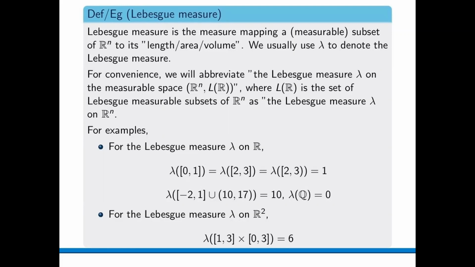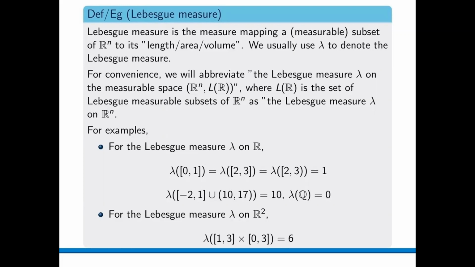Another example is the Lebesgue measure on R2. So the Lebesgue measure of this part is 3 times... oh wait, here's a typo. Should be 3 plus 7, right? 3 plus 7 should be 10. The total length is 10. And the Lebesgue measure of the rational numbers is 0.